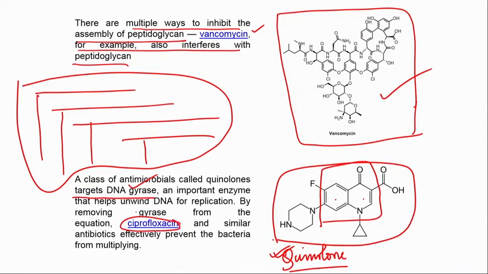Now, this ciprofloxacin or norfloxacin, there are different generations that have come. Ciprofloxacin was the starting one, then came norfloxacin, then levofloxacin, then gatifloxacin. Now, today, because they are becoming resistant, all by efflux mechanisms, ultimately the best drug coming out in the market is moxifloxacin.